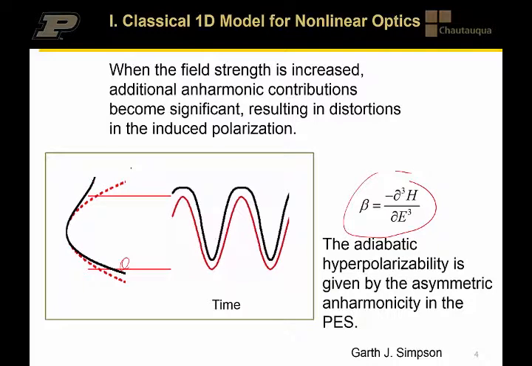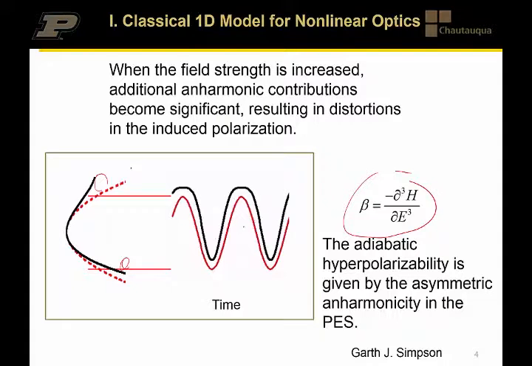But over here, the potential energy surface really flattens out, and so something can hang out there for quite a while before rolling back. And so in the time domain, we're going to see a distortion in the induced polarization that will follow the black trace as opposed to the red trace.